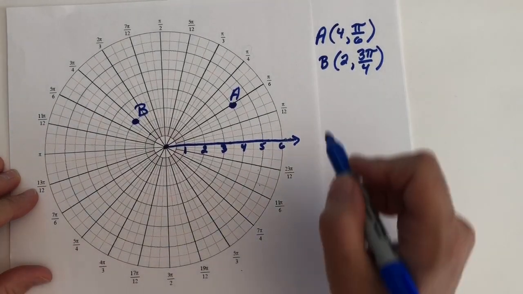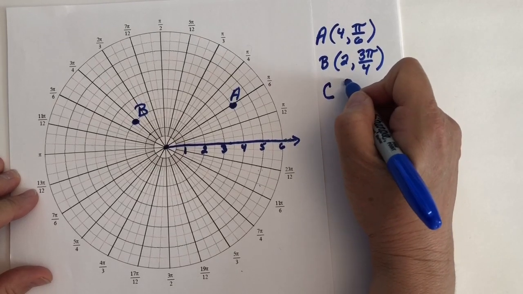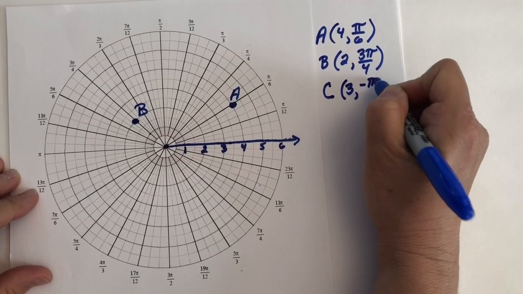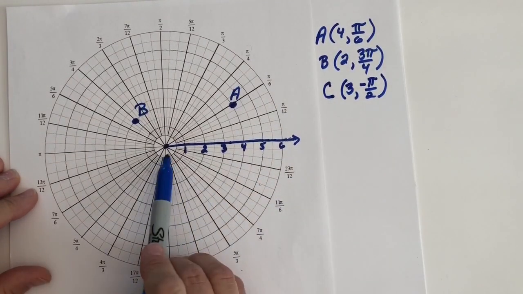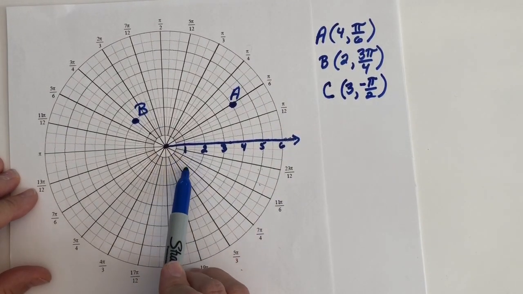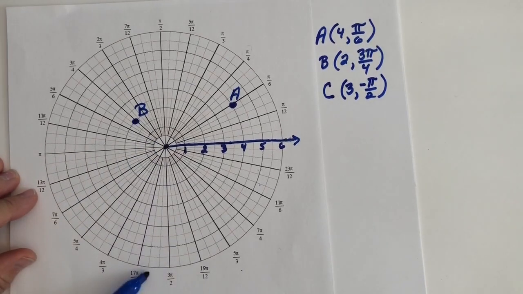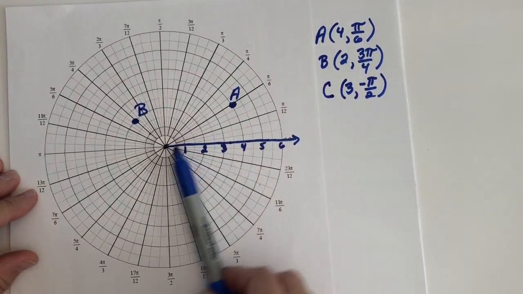Let's graph another one. Let's make C be represented by the point (3, negative pi over 2), because there's nothing that says that the theta must be positive. So we start here and we turn in the direction toward negative pi over 2, which you know is coterminal with 3 pi over 2. So I'm turning in this direction.